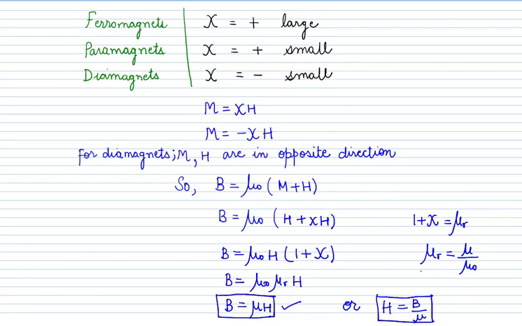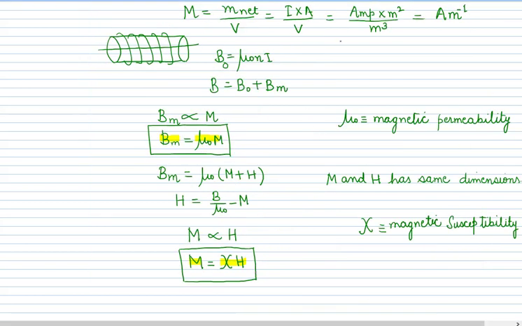Say for a solenoid we were considering, we know the magnetic field B, so we can do H is equal to B upon mu. Let us see how. We have just derived H is equal to B upon mu.